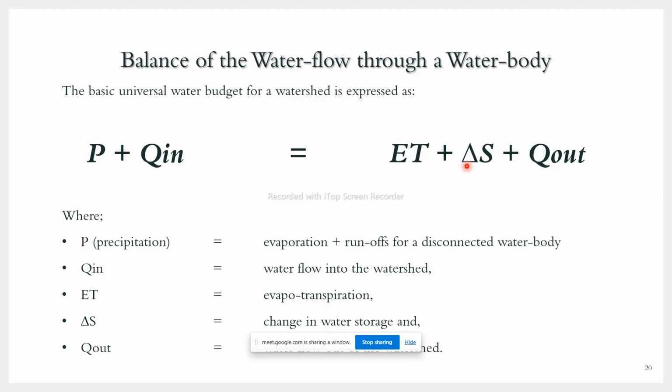If delta S is given in terms of height, or change in height of the water body, then you have to multiply it with the surface area of the watershed to make it volumetric in the equation. Now Q out is the water going out, so water flow out of the watershed.